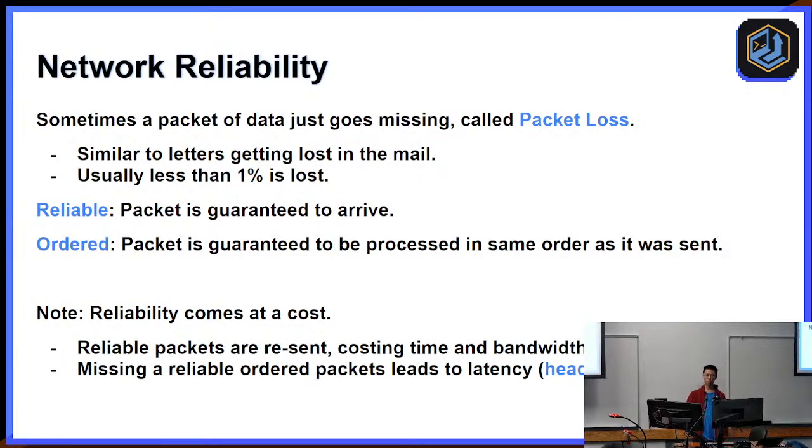Missing a reliable ordered packet leads to latency, because the packets always have to arrive and they always have to be in the same order. So if you miss one and there are others waiting to be processed, your game will just be waiting for that single packet at the head of the line, which is what head of line blocking is.